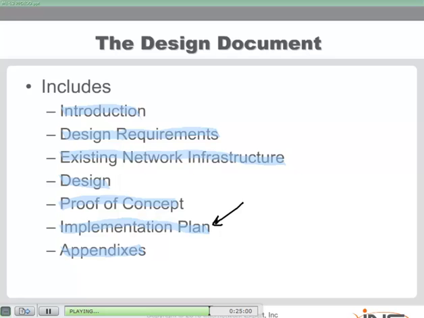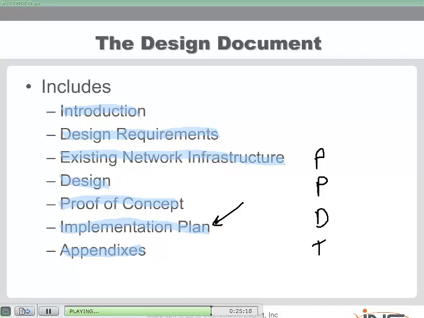So, we have discussed preparing. We've discussed planning. Now we've given more details about design and the ultimate effect of the design phase, the design document.